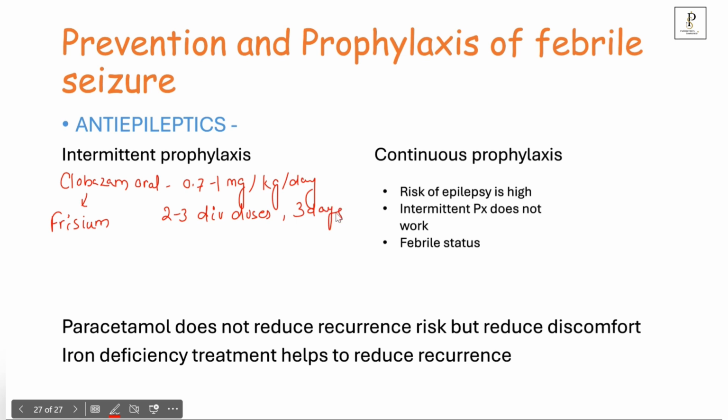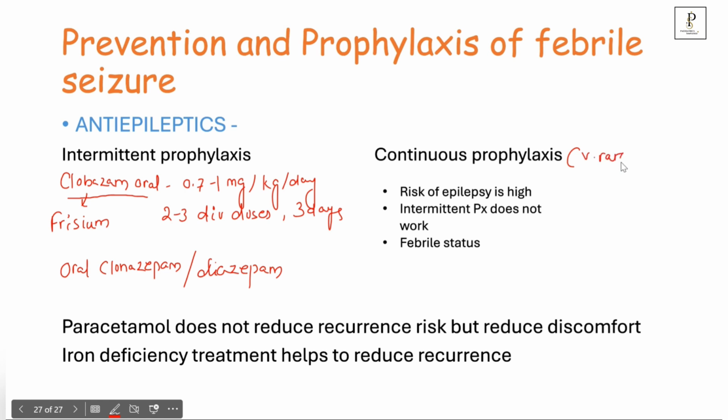During fever, suppose fever lasts for 10 days, clobazam is still given for 3 days. Other antiepileptics like oral clonazepam and diazepam can also be used as prophylaxis, but these are not that common. Commonly used is clobazam. Then continuous prophylaxis is very rare.